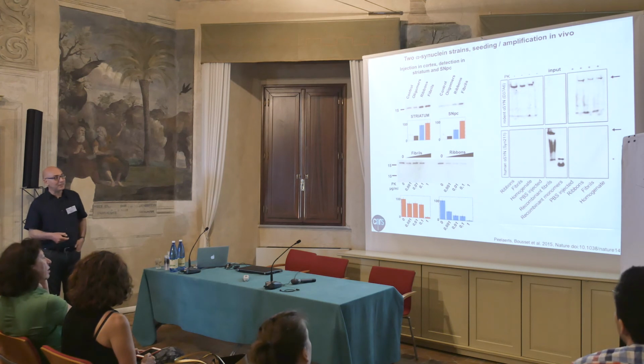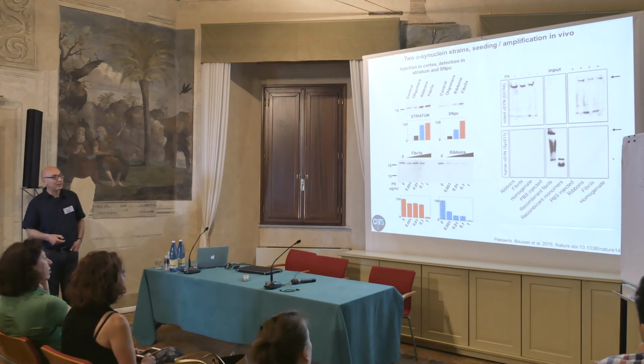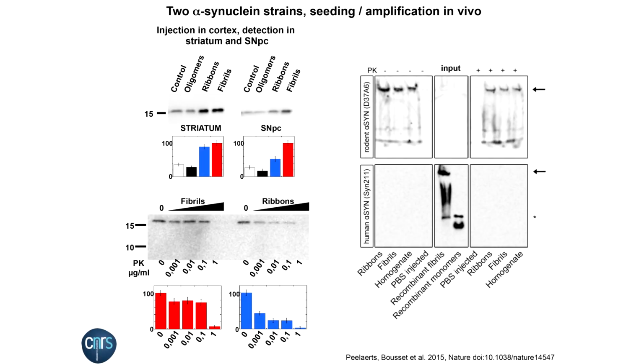So this is the input material that we injected into the animal in a monomeric or fibrillar form. These are native gels, that's why they look awful. You have smears because it's fibrillar and aggregated material. This band, you don't care about this band. This is a non-specific band recognized by the secondary antibody in our Western blots.